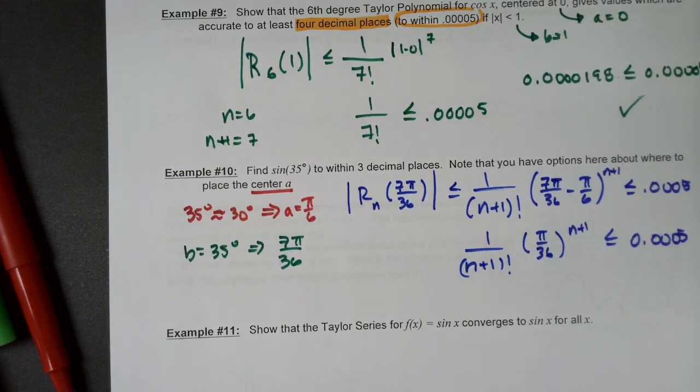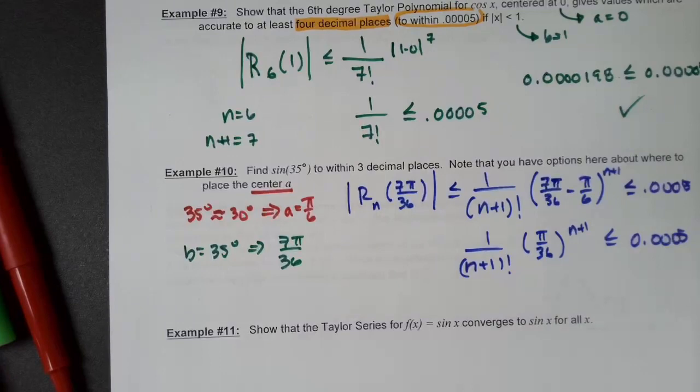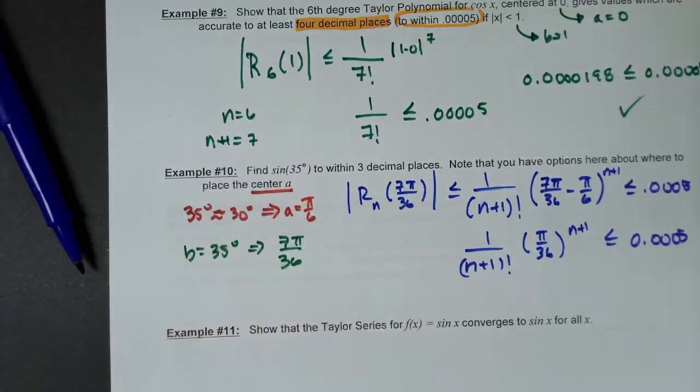Guess what we're going to have to do here again? Guess and check. So put in an n value of 2, 3, 4, 5, 6. If you want to start high at 10, go for it. And then you're going to work your way back down.